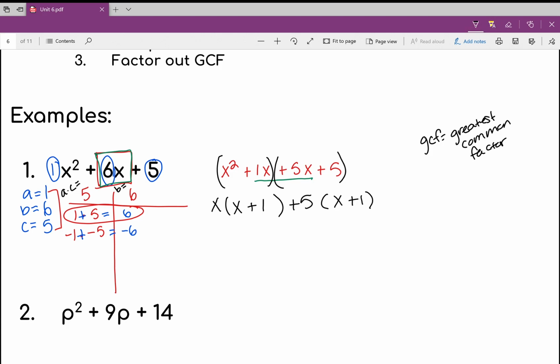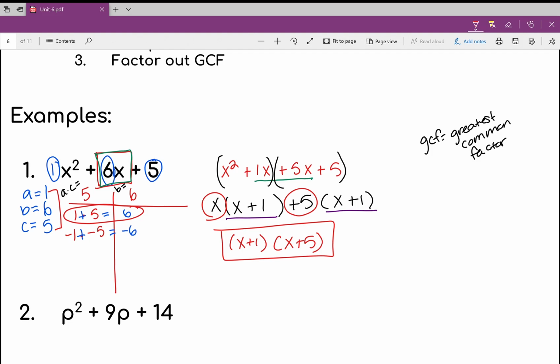After I factor out my GCF, what's most important is that my parentheses match. So x plus 1 matches with x plus 1. Since they match, I can now write my answer: x plus 1, from those parentheses, and then my outside numbers, x plus 5. So that's my answer.